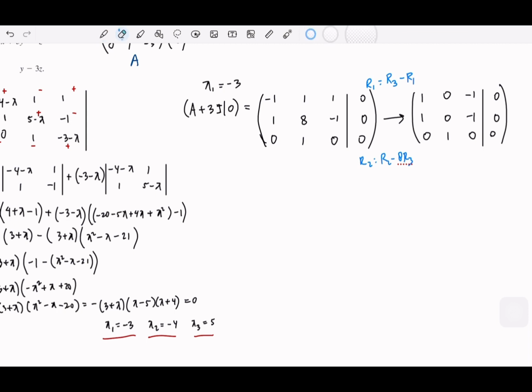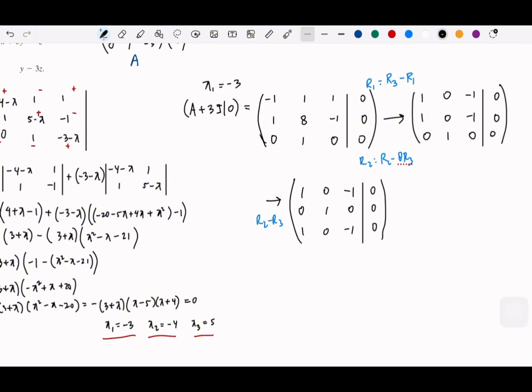I will exchange the structure, so I will exchange row 2 and row 3. So this will be 0, 1, 0, 1, 0. And you can see that since R1 and R3 are the same, we could subtract both of them and define row 3 as 0, 0, 0.